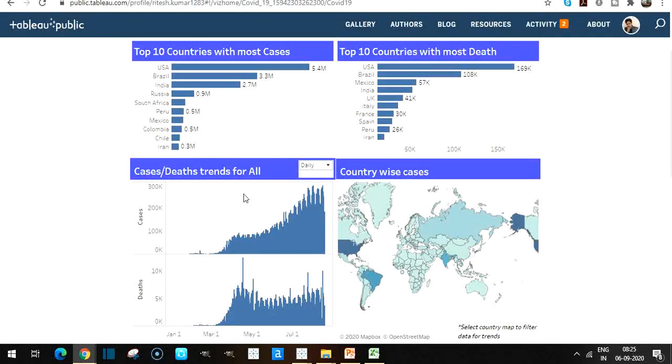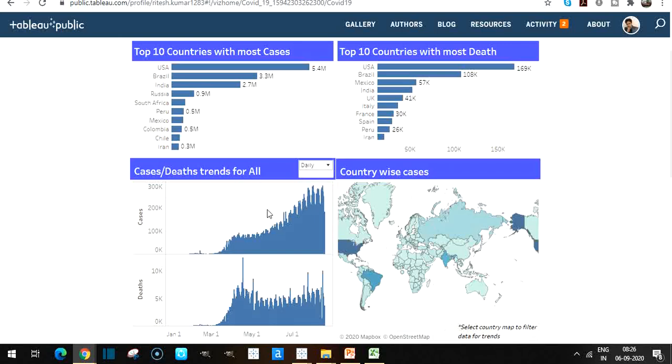This is what I have done in this view. There are two graphs actually, and both graphs are controlled with the use of this parameter. With the use of this parameter, I'm swapping this view. So when you click daily, the daily is visible and the cumulative becomes invisible, hidden behind the scenes. When you click on cumulative, that appears and the daily becomes invisible. So one is hiding, one is visible, with the click of this option.